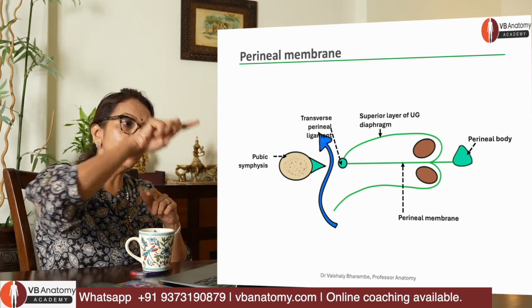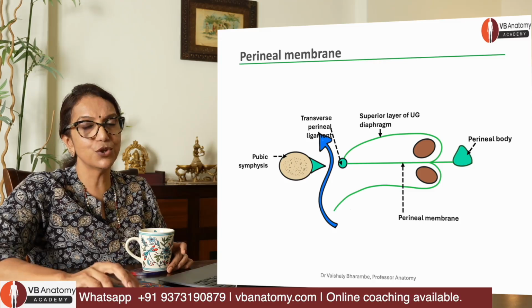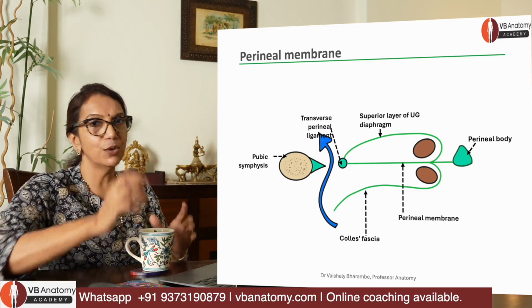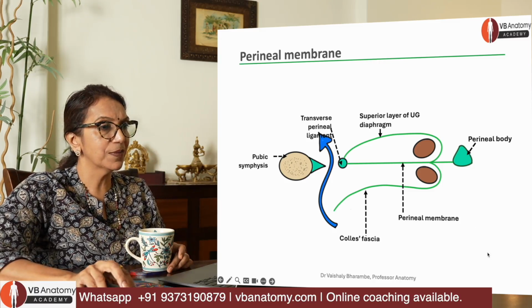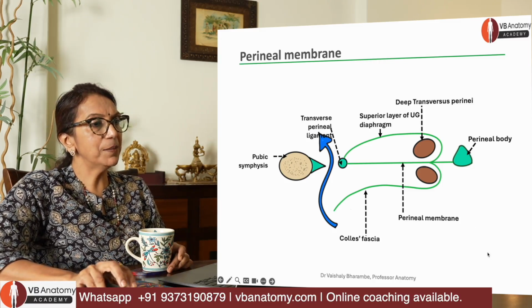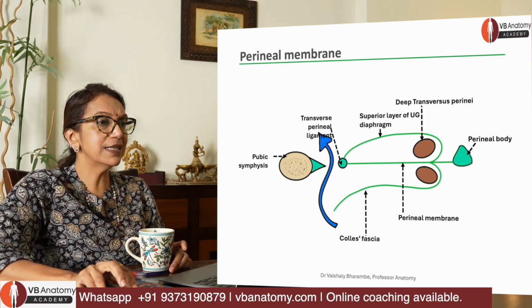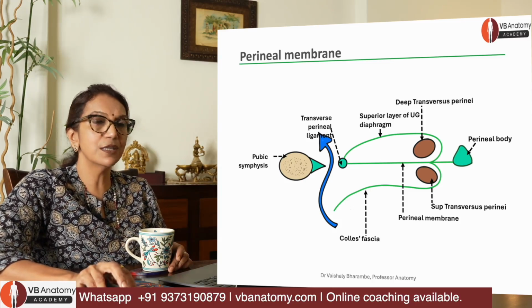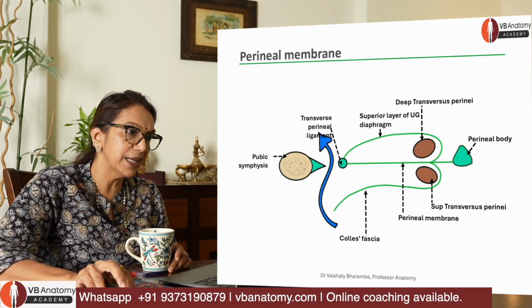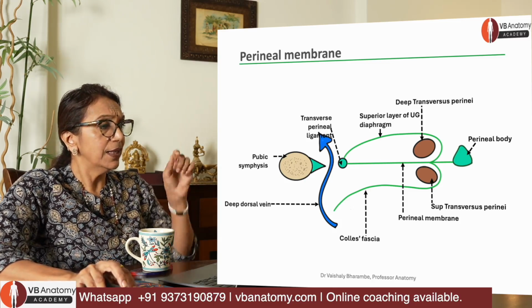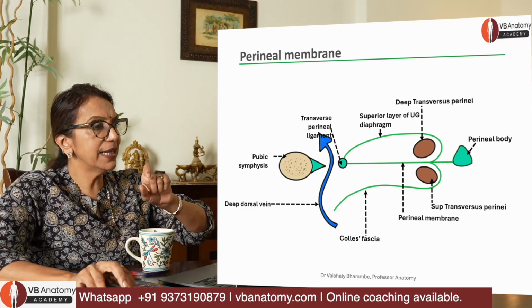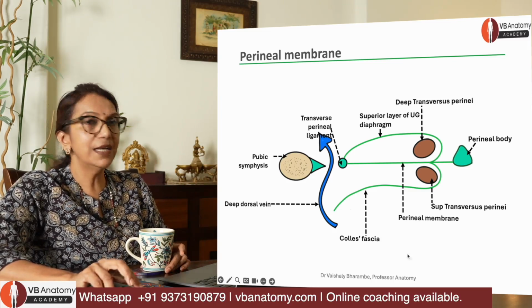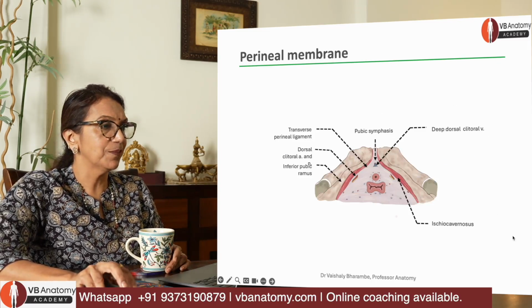One layer passes upwards to form the superior layer of the urogenital diaphragm, the other layer passes downwards to become continuous with Colles fascia. The upper compartment thus formed contains the deep transversus perineae, and the lower compartment contains the superficial transversus perineae. In between the transverse perineal ligament and the pubic symphysis itself, you can see here the deep dorsal vein.